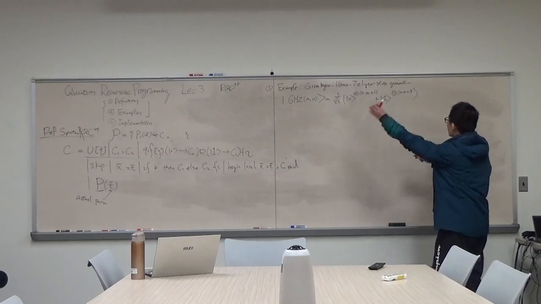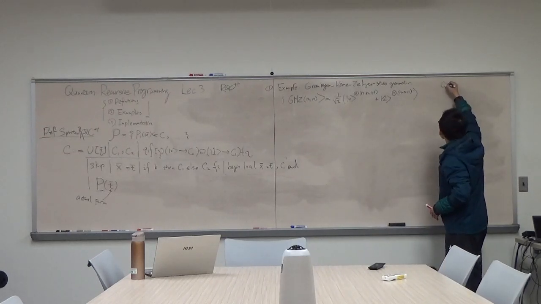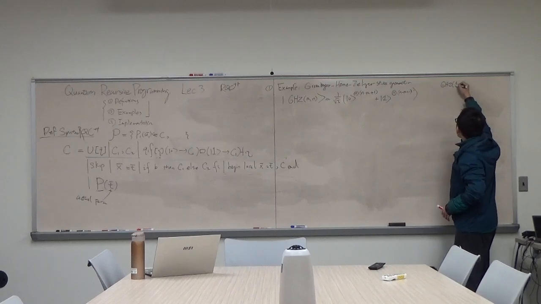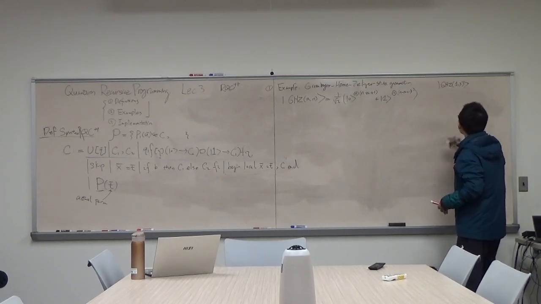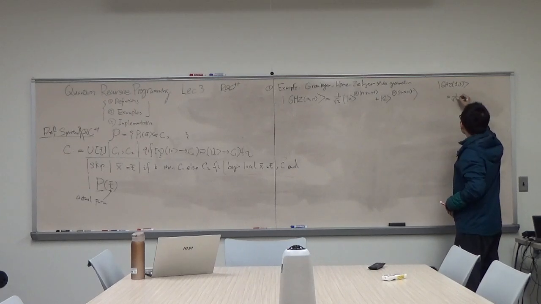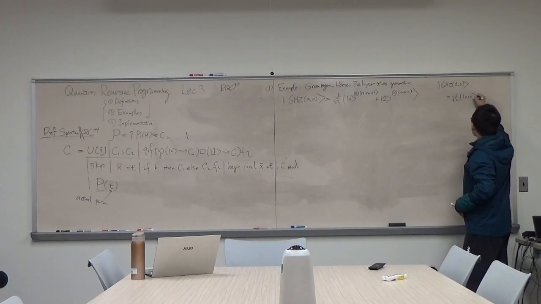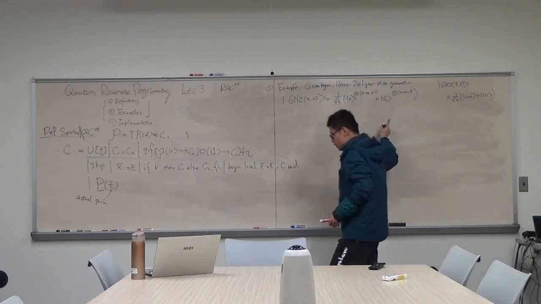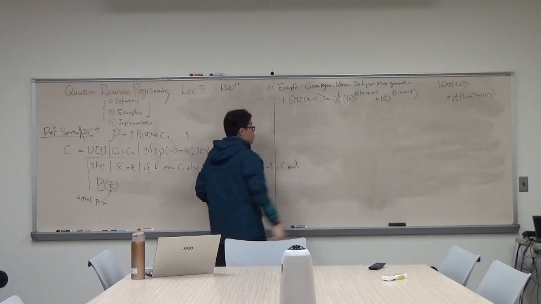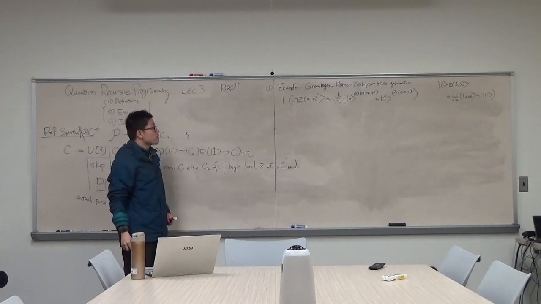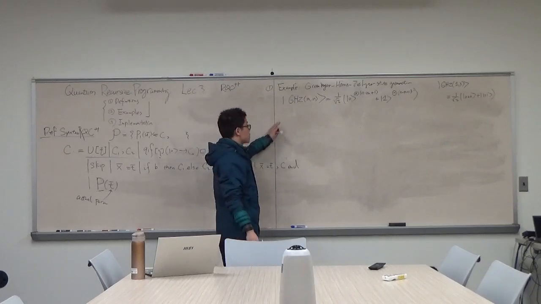So this is the generalized GHZ state, and GHZ 1, 3 is the normal GHZ state we are more familiar with. So this is 0, 0, 0 plus 1, 1, 1. That's the original GHZ state. You just take the parameters to be 1 and 3. Okay, so how to generate this GHZ state?